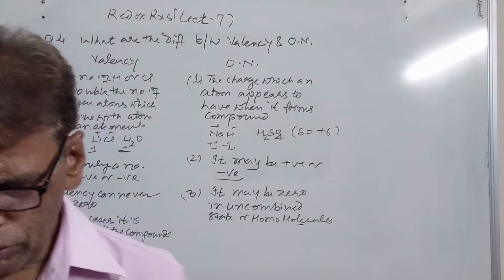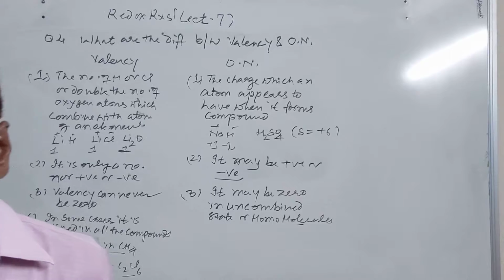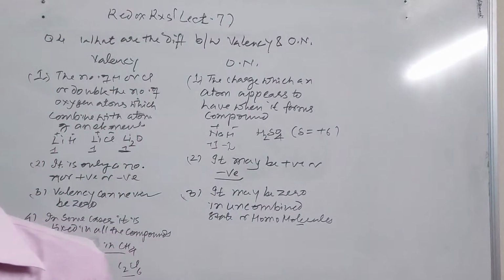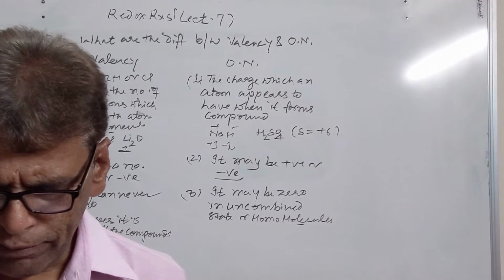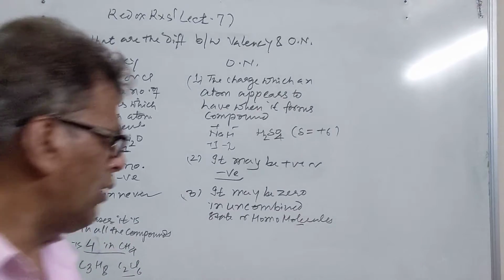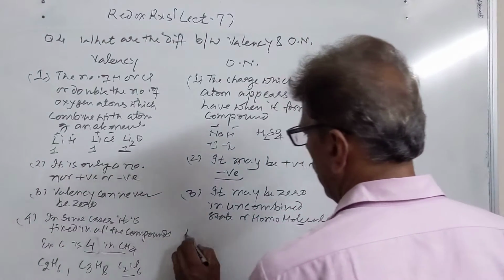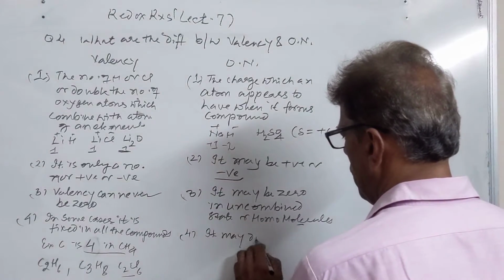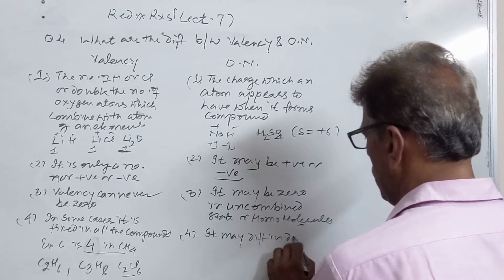Then we come to oxidation number. It is different in different compounds. For example, in CH4 carbon is -4, in CH3Cl it is -2, and in acetylene it is -1. It may be different in different compounds.